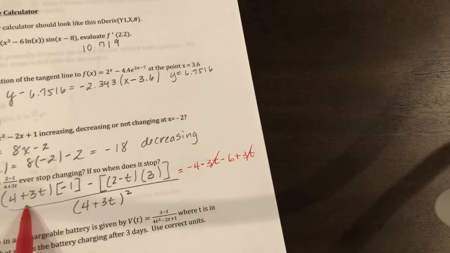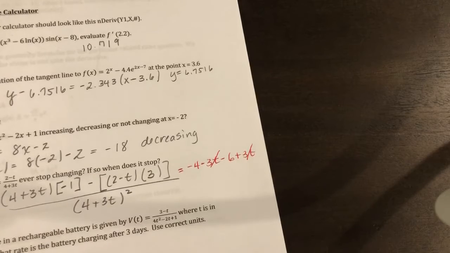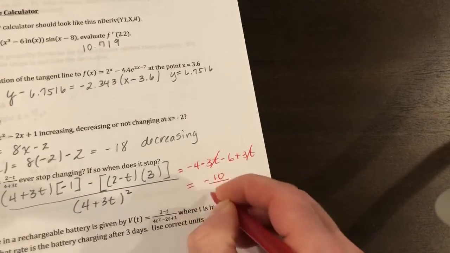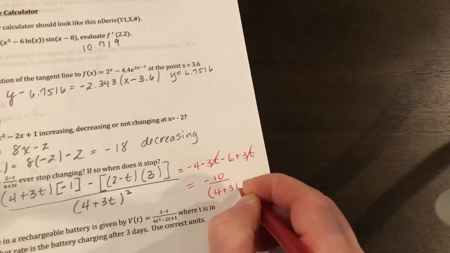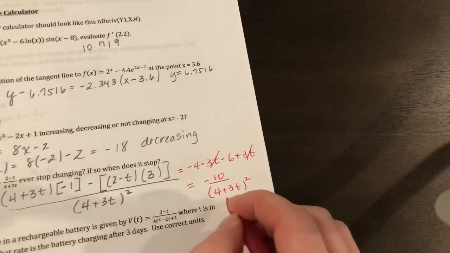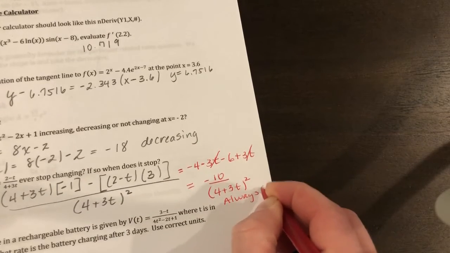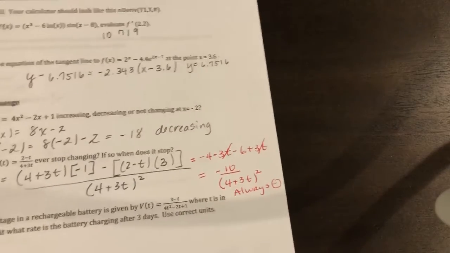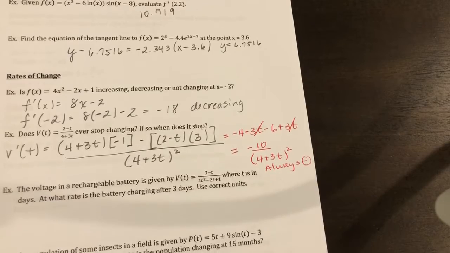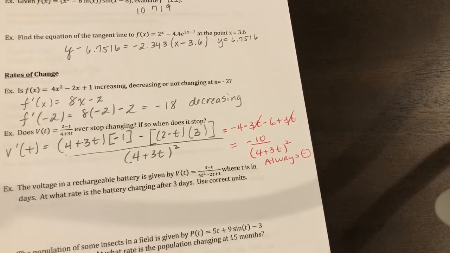So you're left with negative 10 all over 4 plus 3t squared. So it will never stop changing. It will always be negative. Okay, so remember that a squared is always positive, so a negative divided by positive will always be a negative.